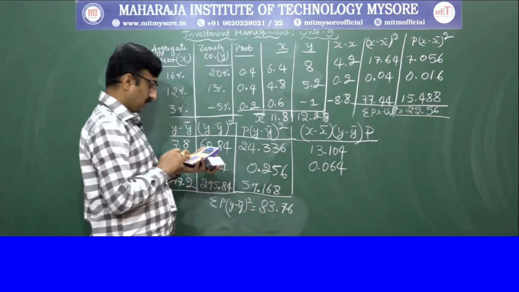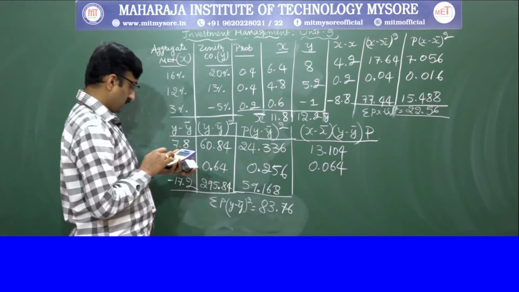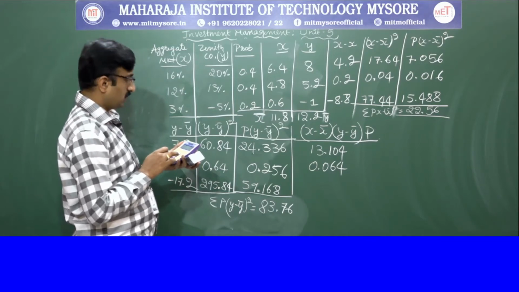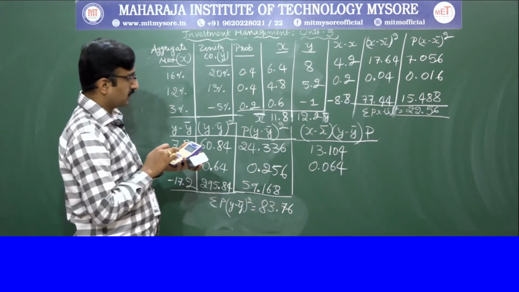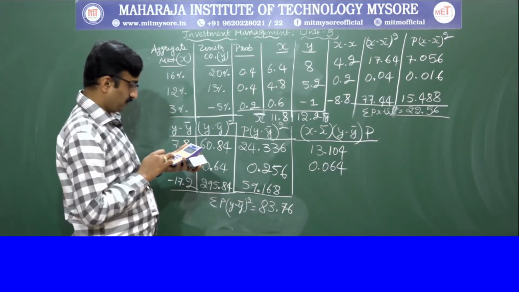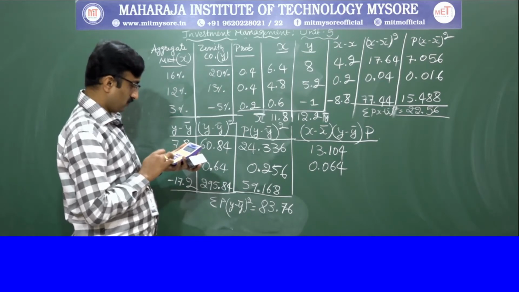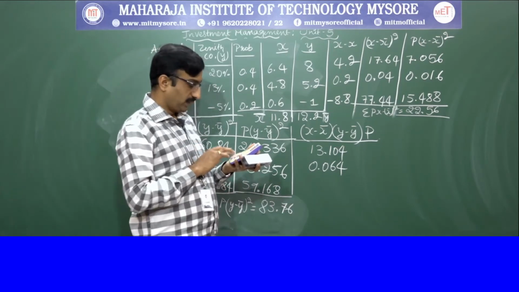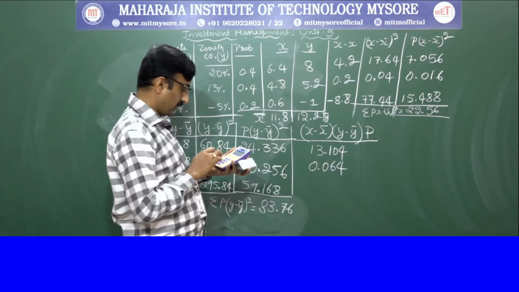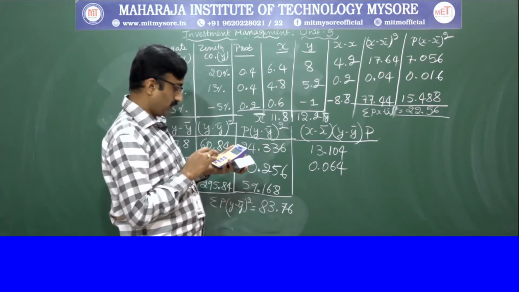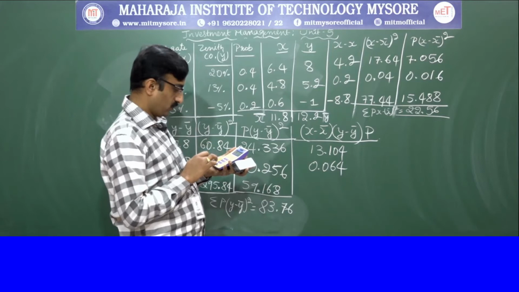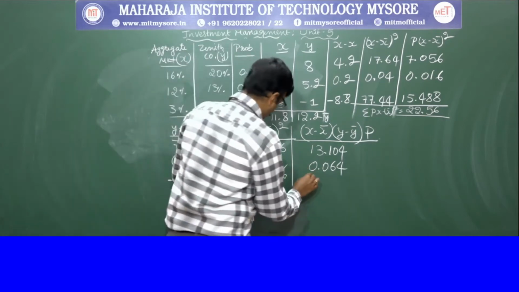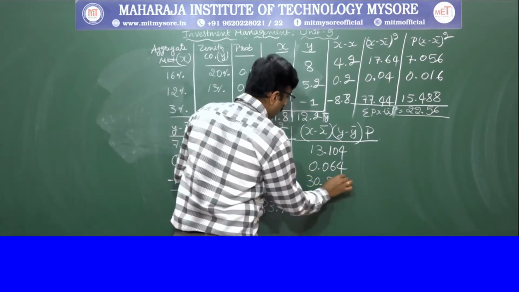Last one, that is minus 17.2 into x minus x bar is minus 8.8 into 0.2. Wait, I will just do once again, 17.2 into 8.8 into 0.2. We will get 30.272.